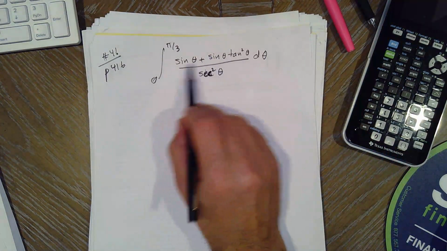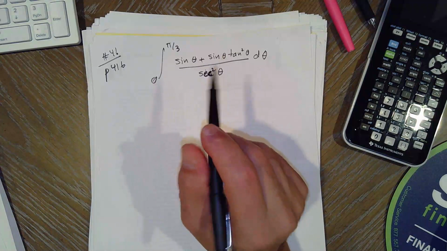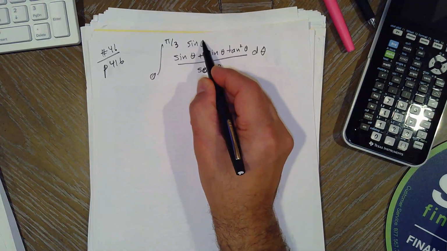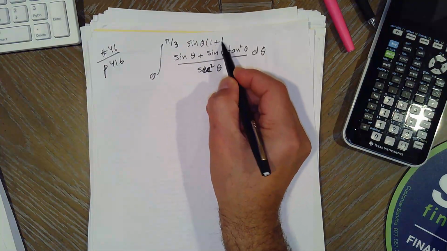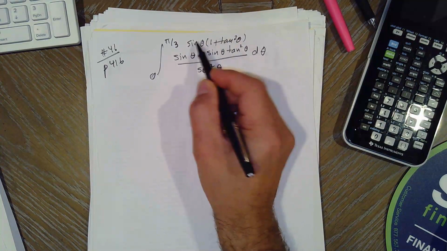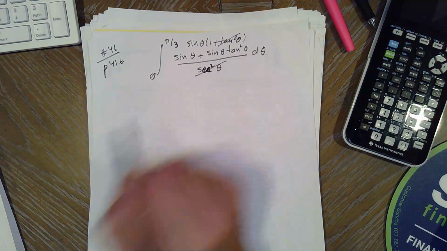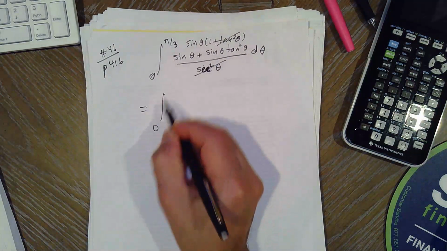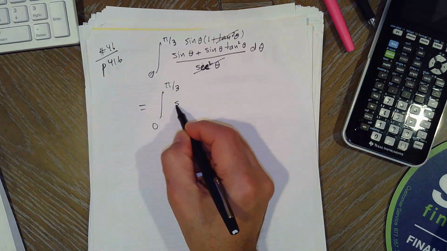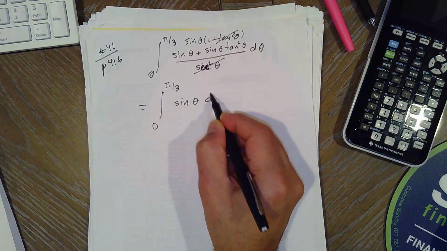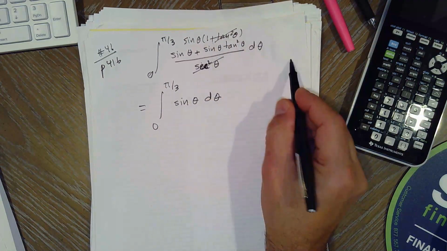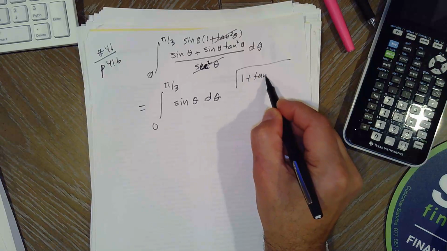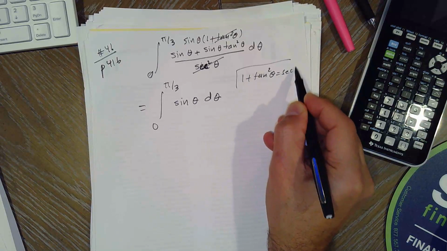Okay, if you look at the top, we could pull out a sine, and I'll tell you why I want to do that, because it's 1 plus tangent square. And 1 plus tangent square and secant square are the same, so we can cancel them out. So we're only doing the integral from 0 to pi over 3 of sine theta d theta. Remember, the identity for 1 plus tangent square is secant square.